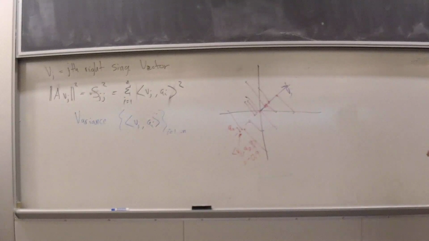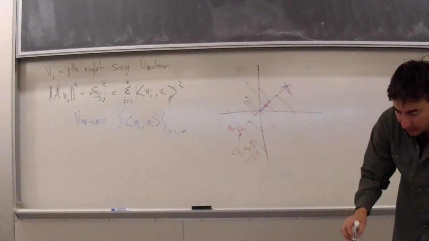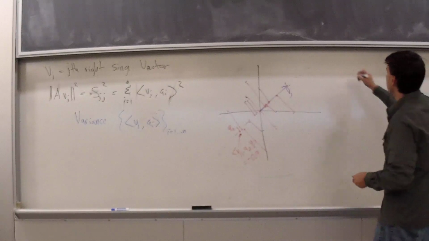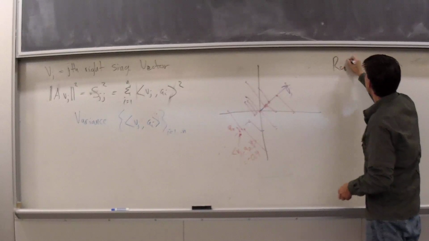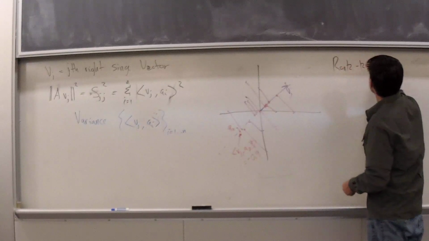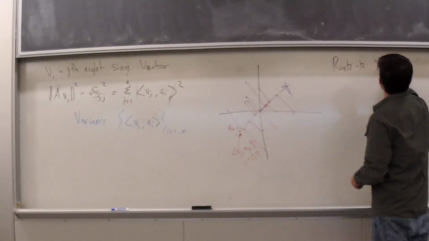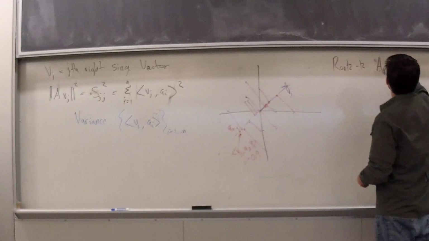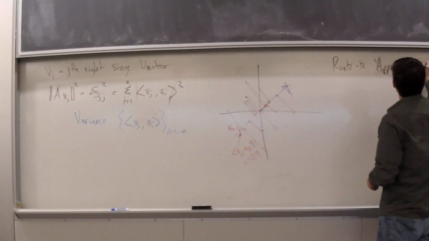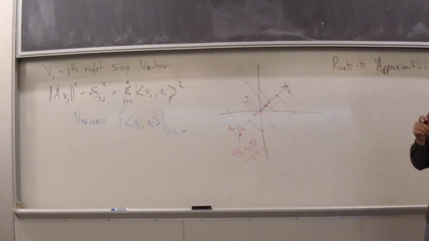The next thing to think about is what's called a rank k approximation.